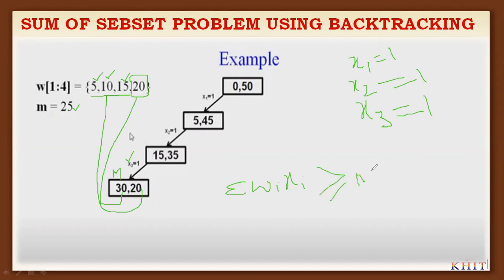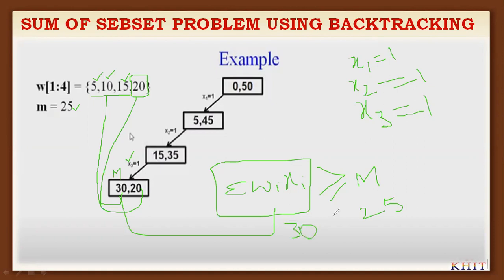Here the sum of the subset values is 30. 30 is greater than or equal to 25. Hence, it is more than the capacity of the subset value. Hence, you need to kill the node.